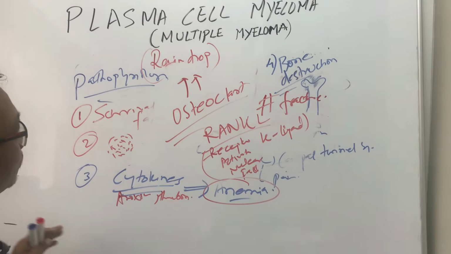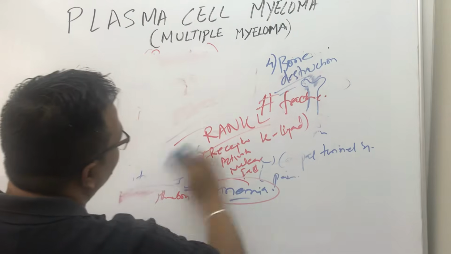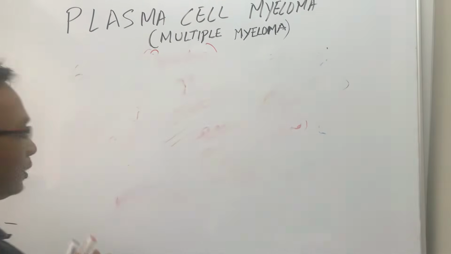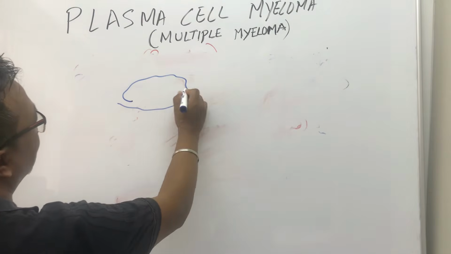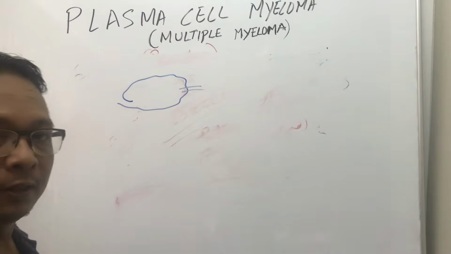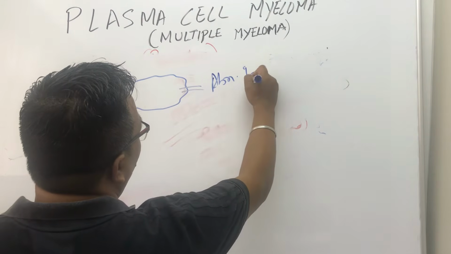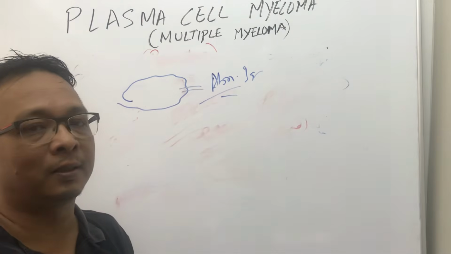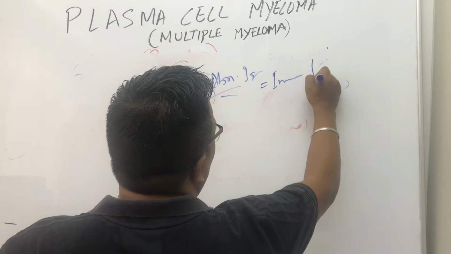Along with that, what happens? You have to notice that in the whole scenario, these plasma cells produce abnormal immunoglobulins. They are not producing normal antibodies; they are producing abnormal immunoglobulins. Abnormal immunoglobulins mean our immune system is affected and goes down.